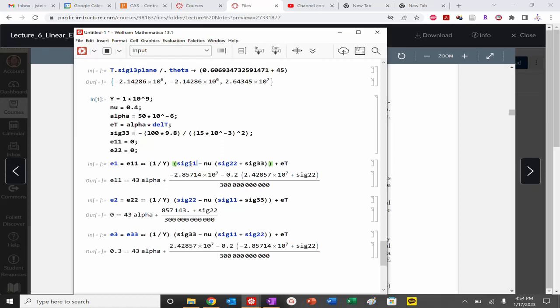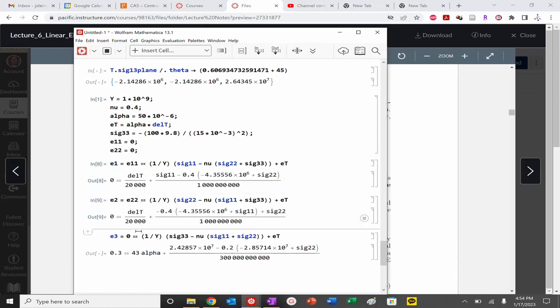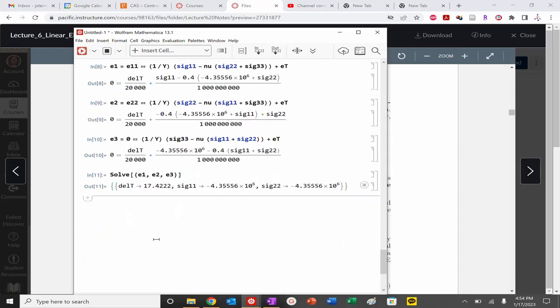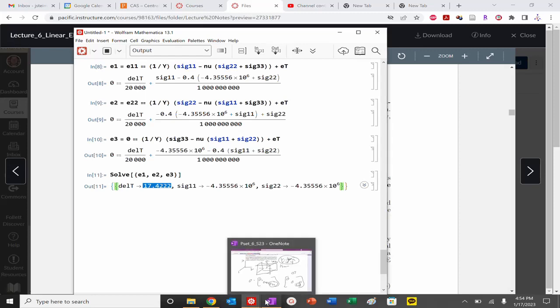So we've got this, and then we want actually E33, we're solving for when this will be equal to 0 as well. So boom, boom, boom, and we can see in here sigma 1, sig 2, del T. Let's solve it. E1, E2, E3. Voila. Shockingly, you only need 17 degrees to basically prevent me from compressing that material.